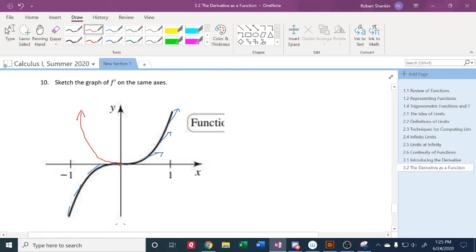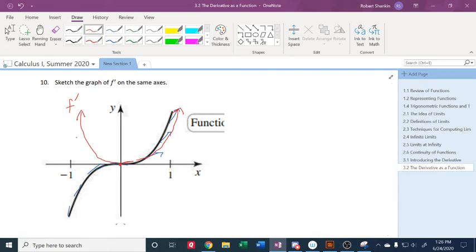And when they did detailed graphs of third-degree polynomials, they got second-degree polynomials as the derivatives. So this is f prime. It appeared to be 1 degree lower than the original polynomial.